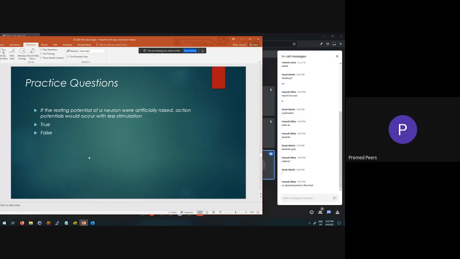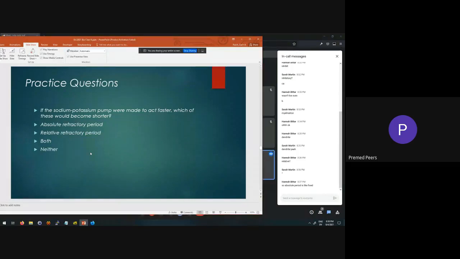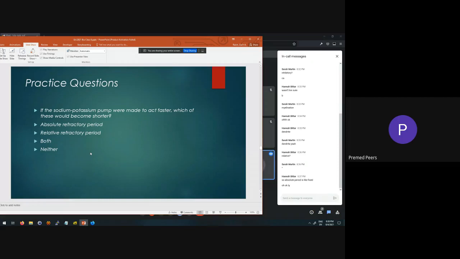So the absolute period is fixed. Yes, it's based off of the inactivation of the voltage gated sodium channels, which you have to bring back to being close to the resting potential to then let them be opened again.